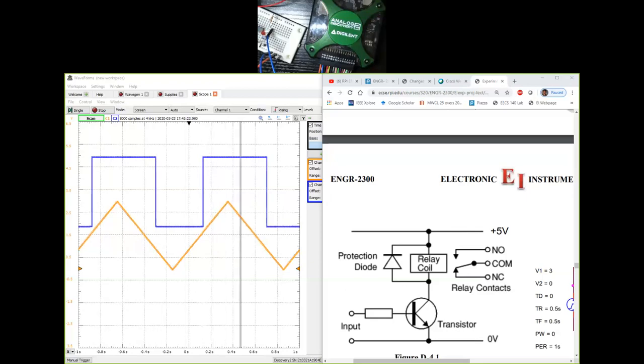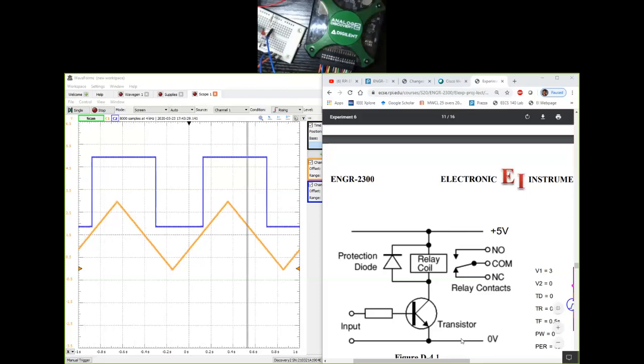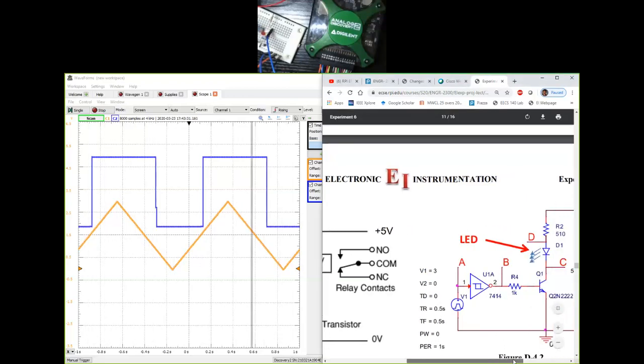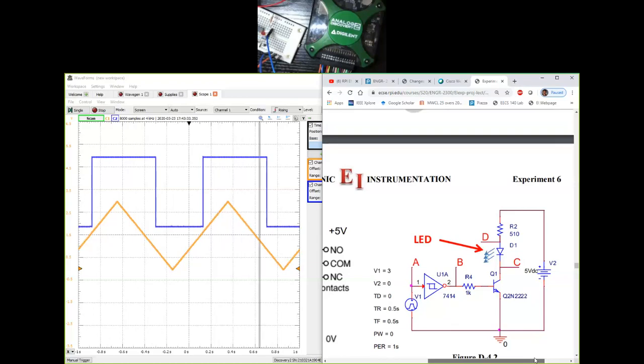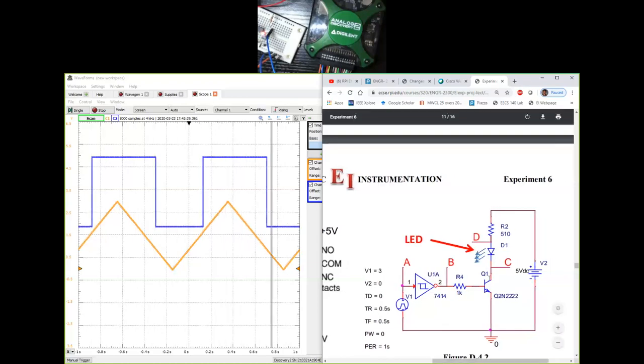The LED is blinking because it changes between low and high. For half a second you are turning on Q1. When you turn on Q1, point C is connected to ground, which allows current to flow through the LED, and it is on at that time.